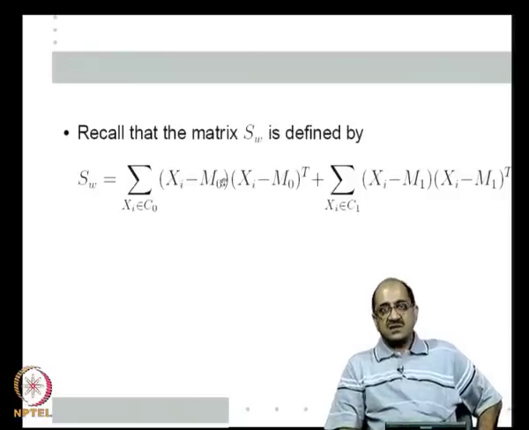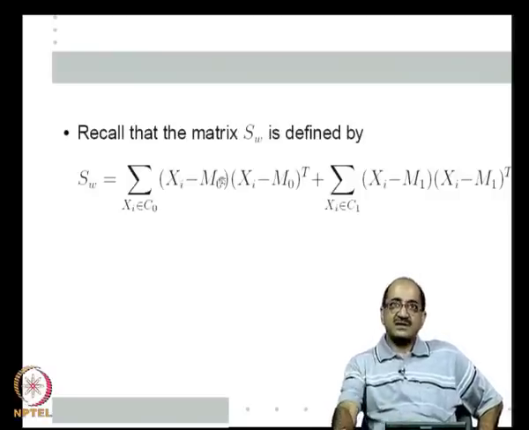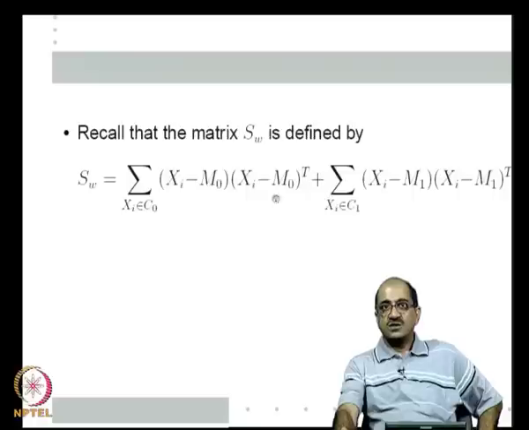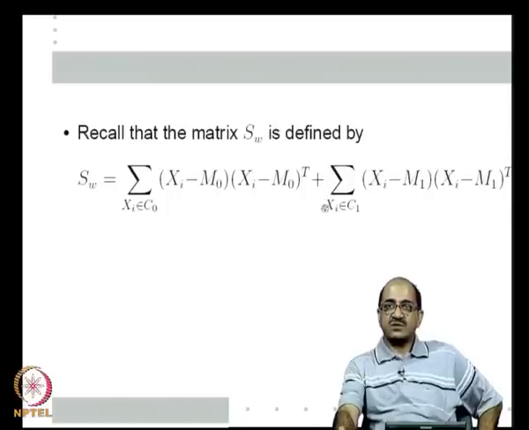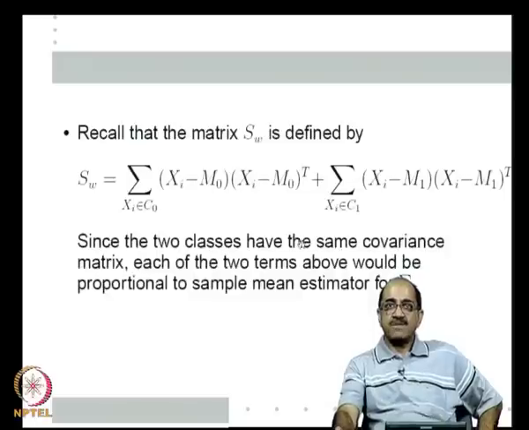Because both classes have the same covariance matrix, I could estimate the covariance matrix either from class 1 or from class 0. If I estimate this from class 0, that estimate would be proportional to this except for a proportionality constant. Similarly, if I estimate it from class 1, it would be proportional to this except for a proportionality constant.